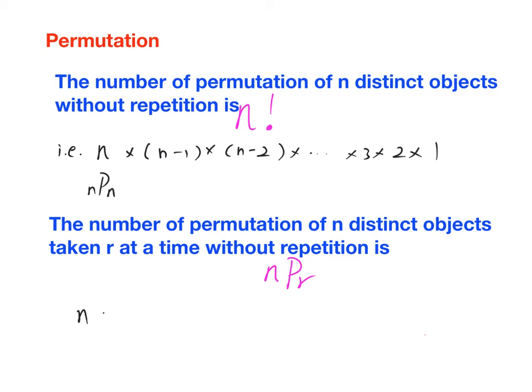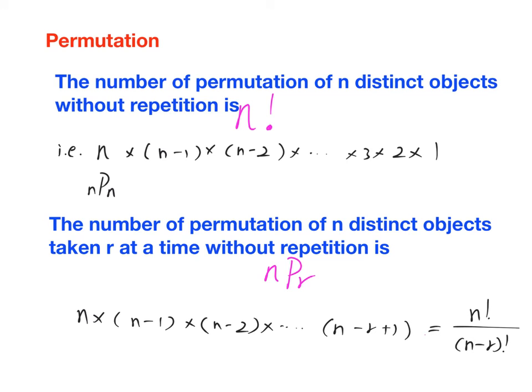That means we will only need the first r terms, and then we delete the factorial afterwards. So it equals n factorial over n minus r factorial. So that means we will only need the r terms, and we will delete the remaining terms afterward.